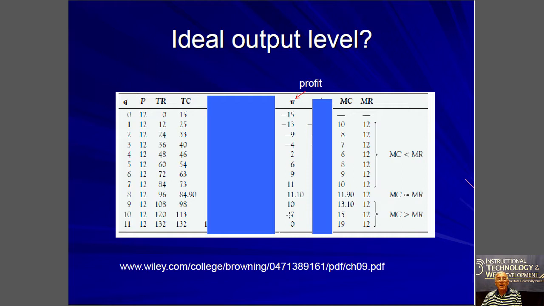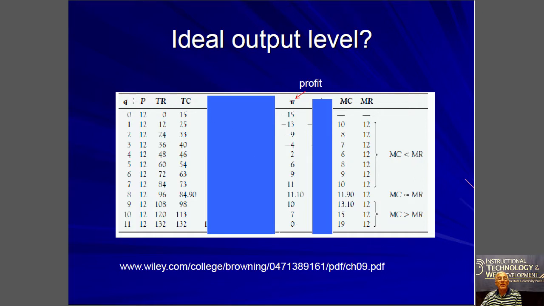But I would ask, why bother? Why should we make a 9th unit if we're actually making less profit? Why should we make a 10th unit if our profit is even less? Now there's another way to reach the same conclusion, and that's the marginal revenue, marginal cost approach.